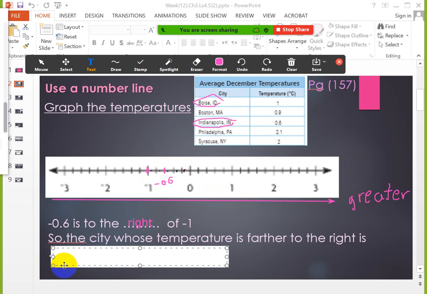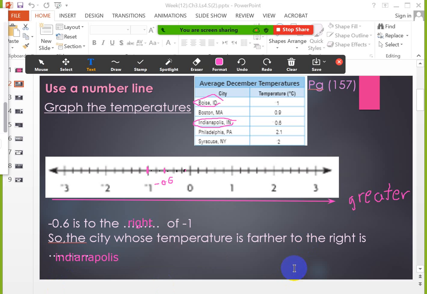So this is the answer for the first example. That means Indianapolis has the greater temperature.